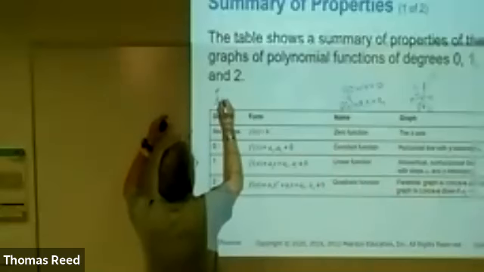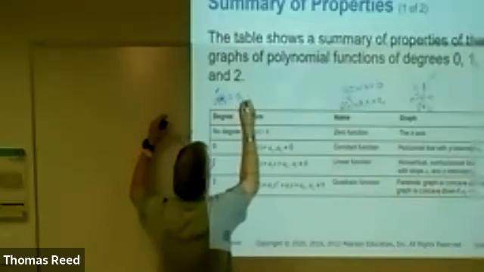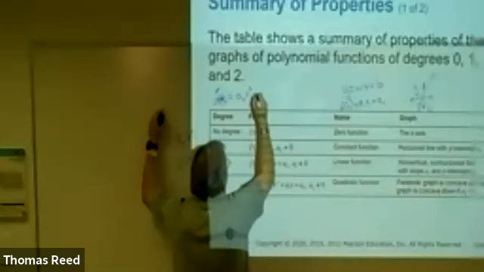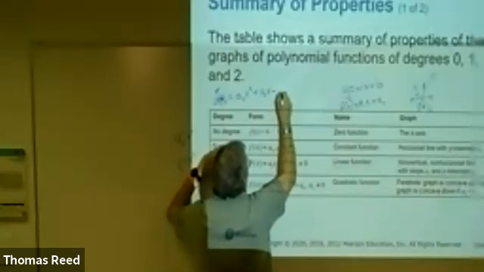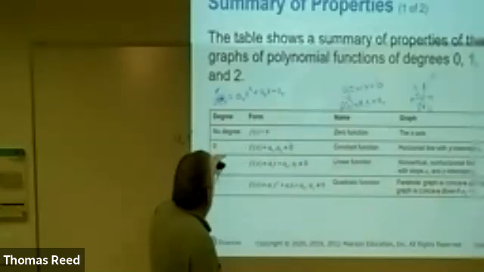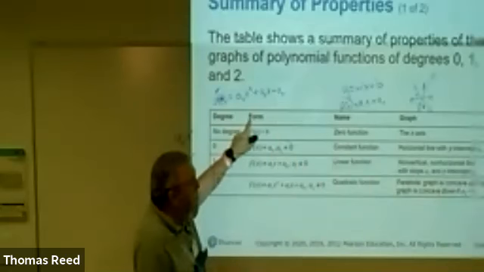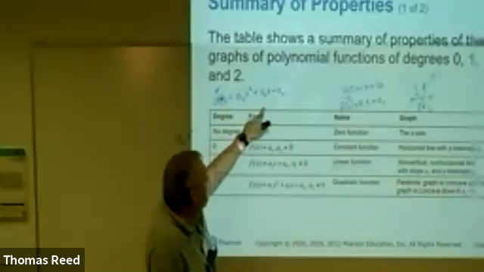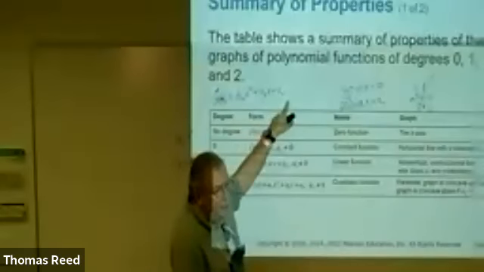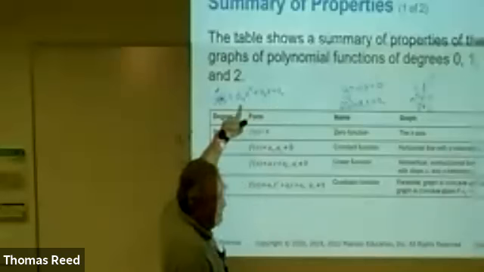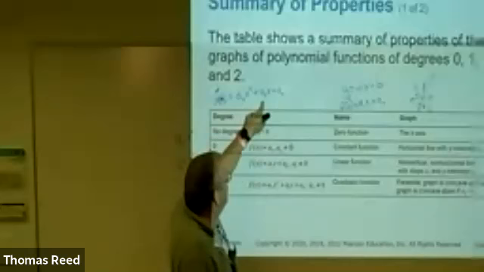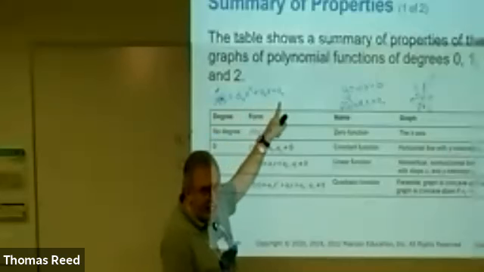So what that function looks like, f of x equals a sub 2x squared plus a sub 1 x plus a sub naught. Where with a quadratic, you're used to seeing ax squared plus bx plus c, but we're using the polynomial notation here, where a is a sub 2, b is a sub 1, and c is a sub naught.